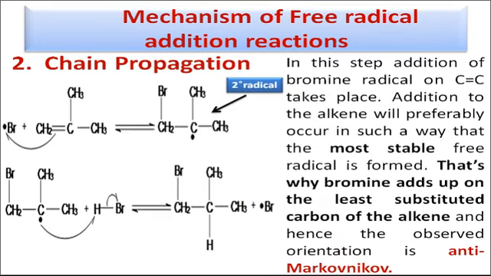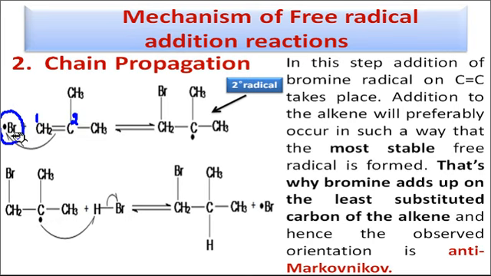The next step is the chain propagation step. In this step, addition of the bromine radical to the double bond carbon takes place. This is the double bond where the addition takes place. Now this bromine free radical attacks this double bond. Let us give numbering to these carbon atoms.